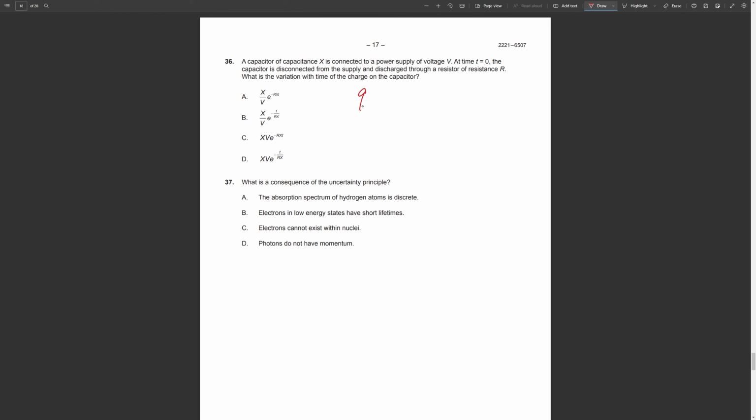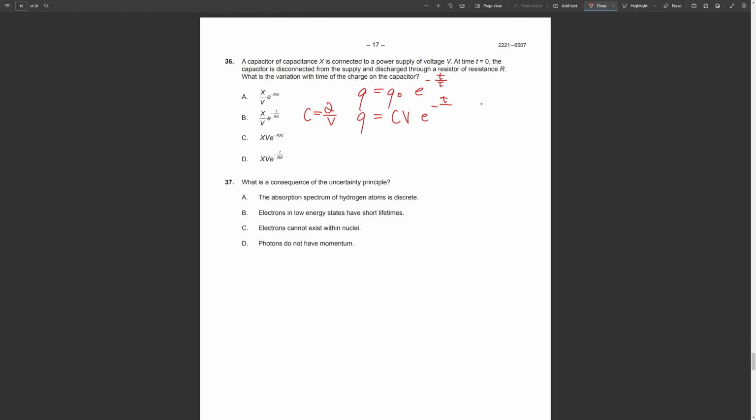The equation for discharge in variation with time is Q equals Q0 e to the power of negative t over tau. According to the definition of capacitance as charge divided by potential difference, you can have the initial charge as the initial capacitance times its initial potential difference, followed by e to the power of negative t over tau.